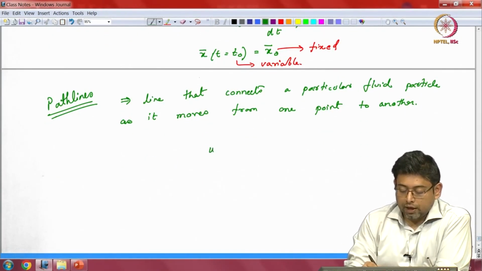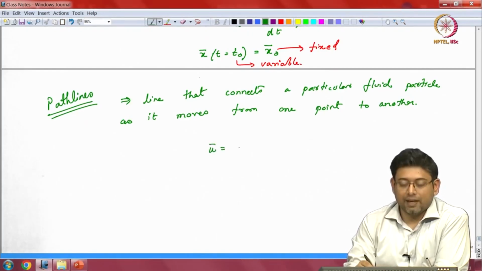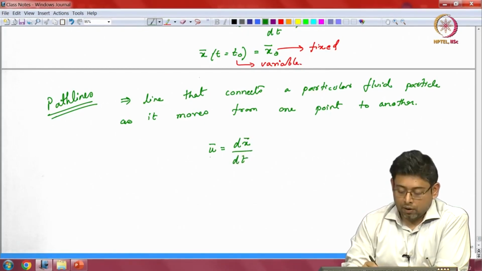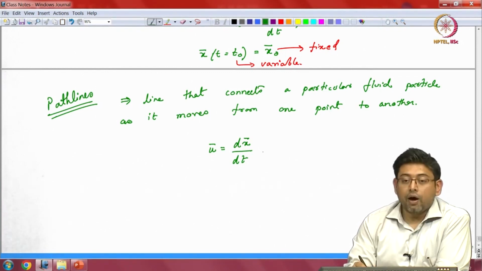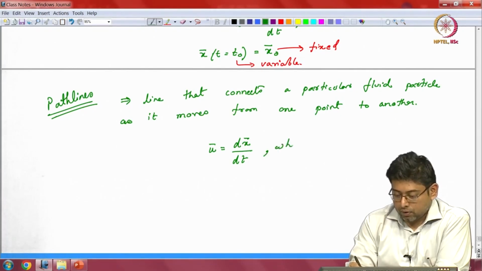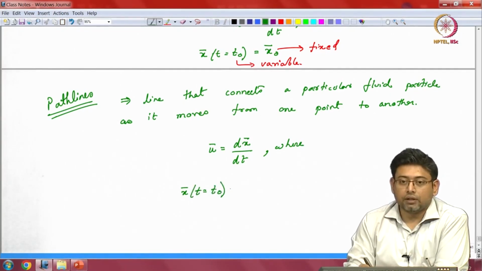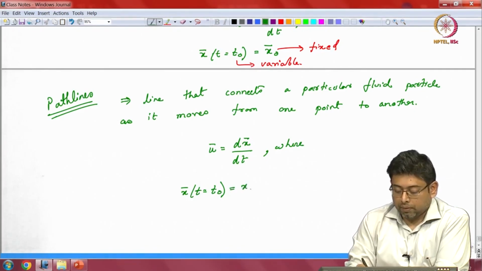So, the governing equation in this case is actually exactly the same. So, you again have the local Eulerian velocity equal to the Lagrangian velocity of the fluid particle which you are interested in, and this now has to be solved such that your x at t equal to t naught, where t naught is now fixed, is equal to some x naught.